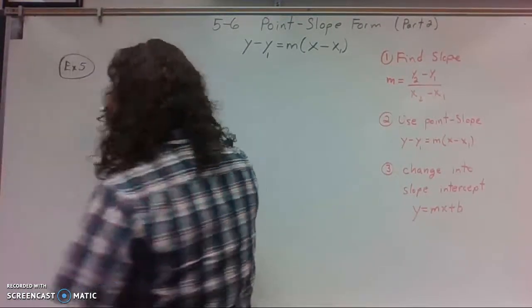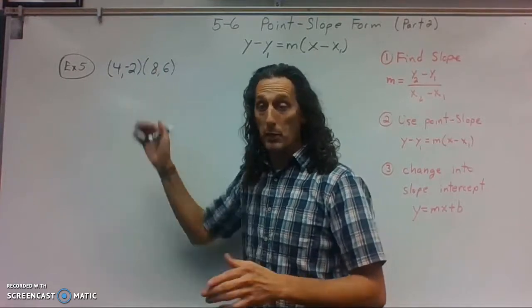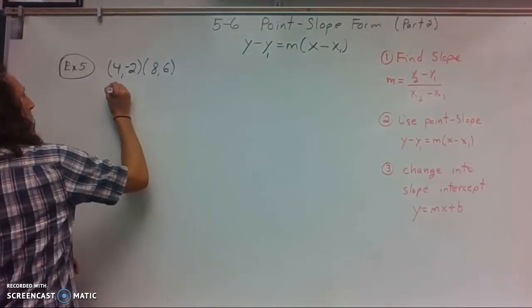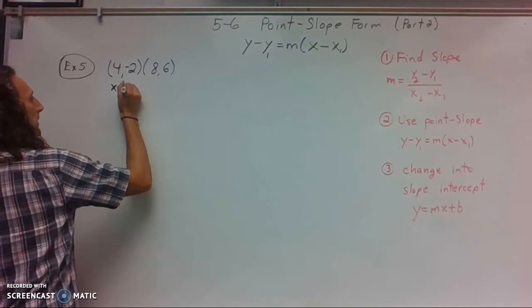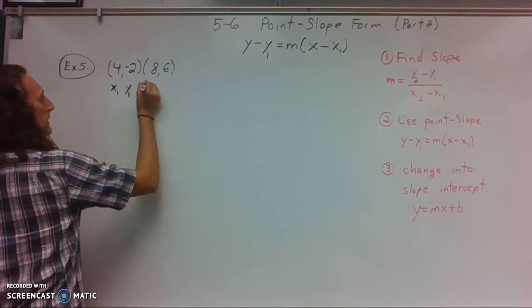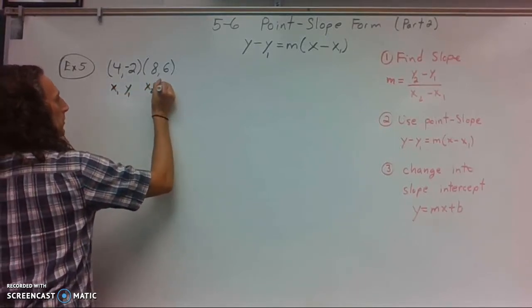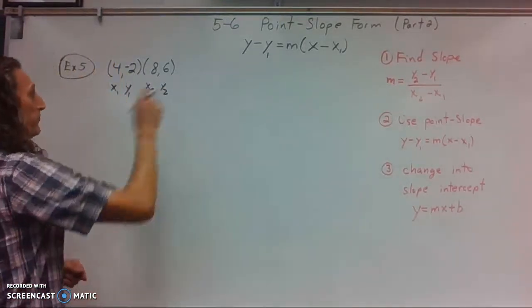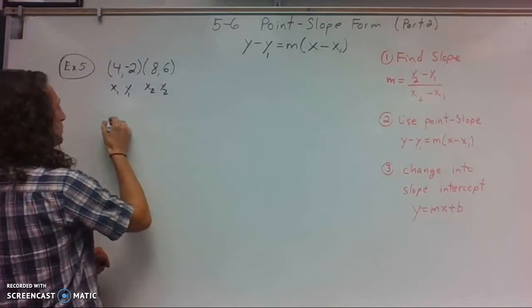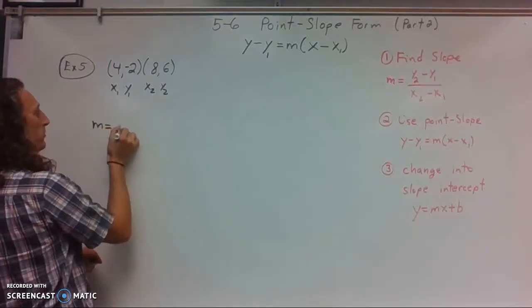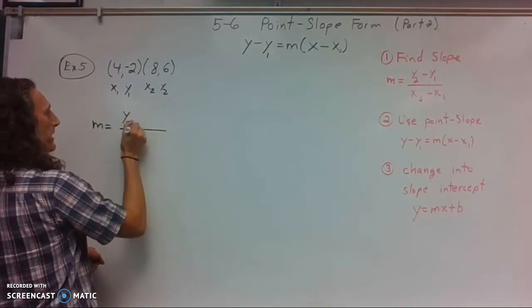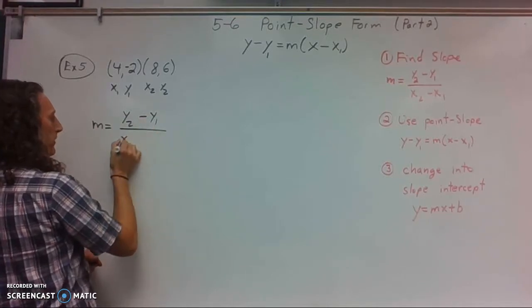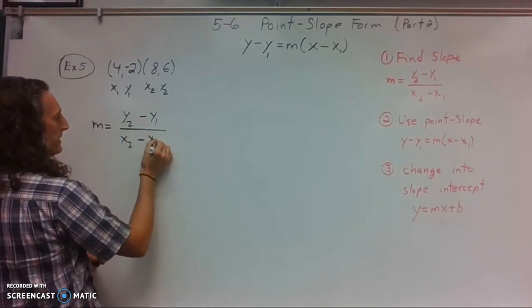So I'm going to label my points. Label the points x1, y1 and x2, y2. Now let's find my slope. M equals y2 minus y1 over x2 minus x1.